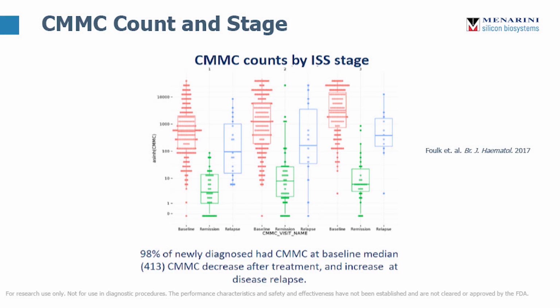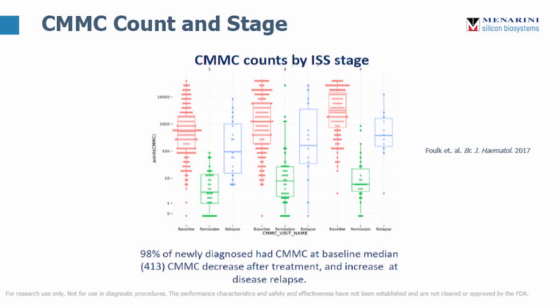In the green, we have remission patients, so patients after treatment. And then in the blue, those are the counts for patients that have relapsed. We have 3 blocks of graphs here, and those are ISS stage 1, 2, and 3 from left to right. On the y-axis is just the number of CMMCs in a 4 mL draw, and across the x-axis is a further description of which subplot you're looking at.